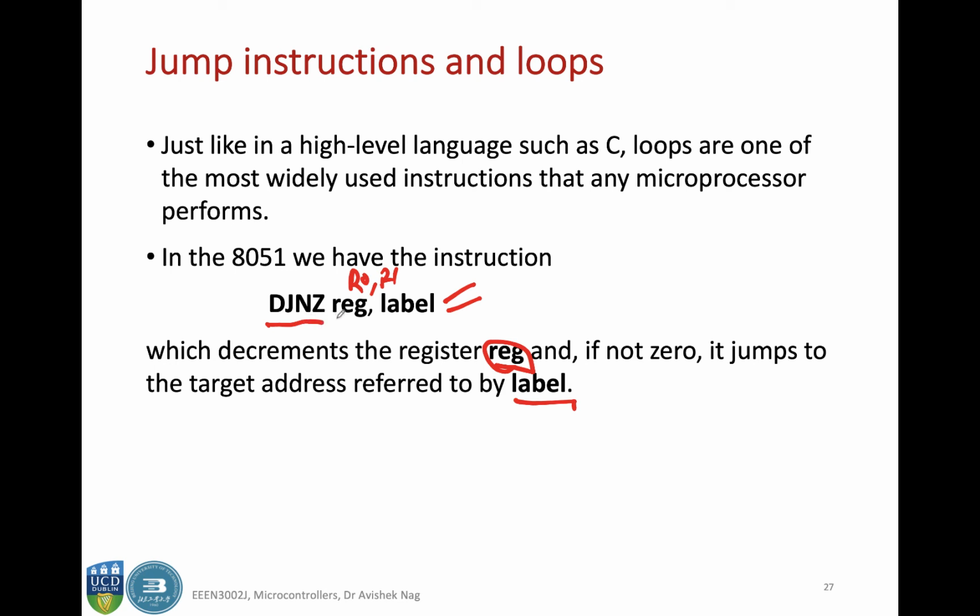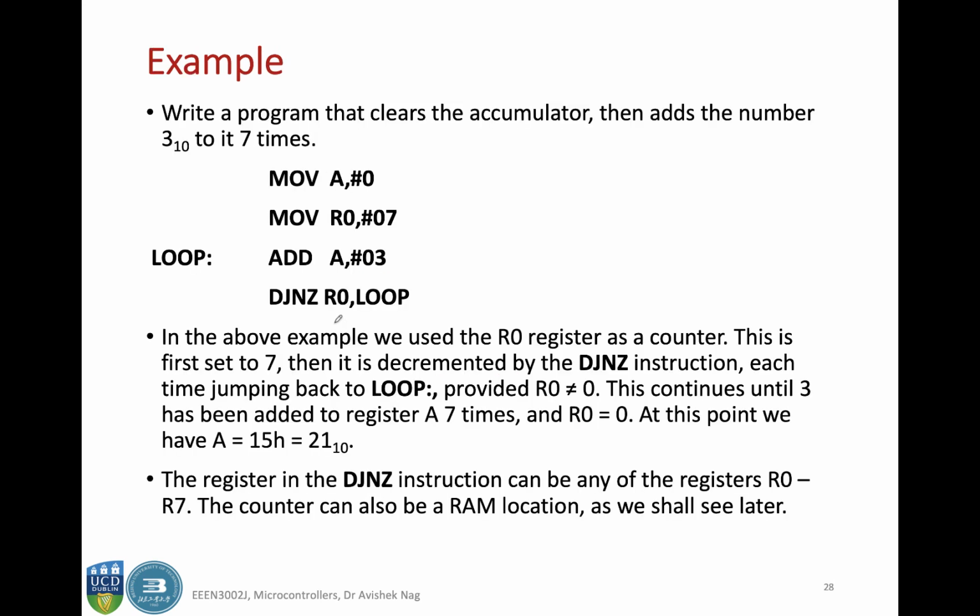Let's see an example to see how this can be used. Let's say you are supposed to write a program that clears the accumulator, then adds the number 3 in decimal to the accumulator 7 times. Clearing the accumulator is done by this instruction, moving a 0 directly to the accumulator.